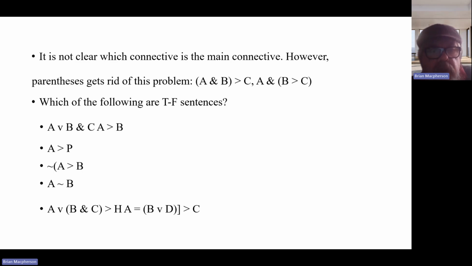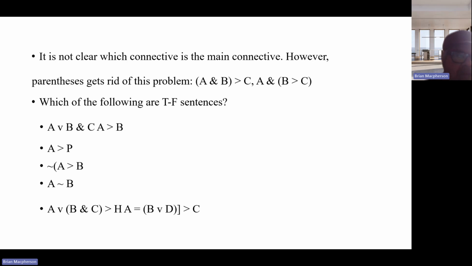you need to put parentheses to disambiguate the sentence. Okay, so just for practice, which of the following are truth functional sentences? All right. Well, I have A and B and C, A or B and C. That's not a sentence because with the or and the and, we're not told which is the main connective. A then B, sorry, that's a sentence, right?